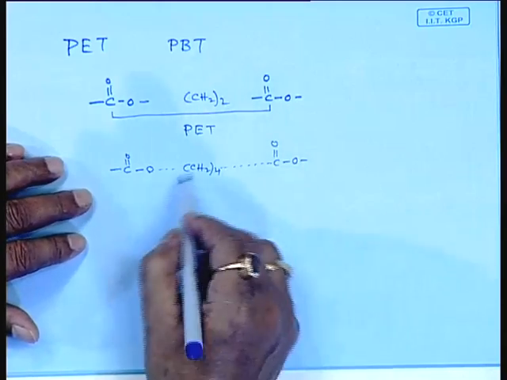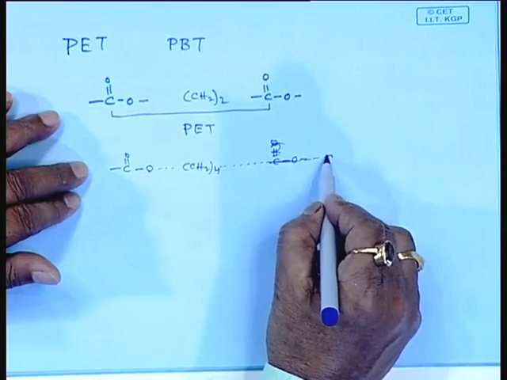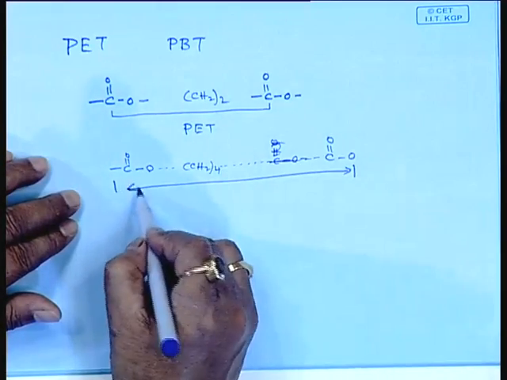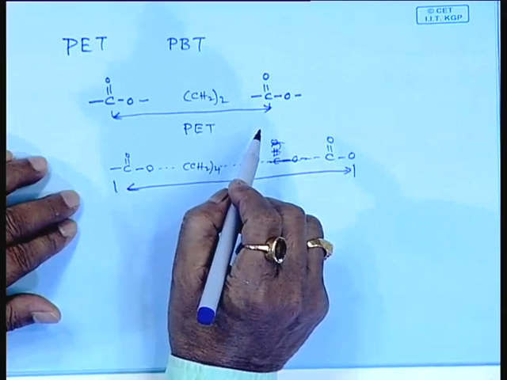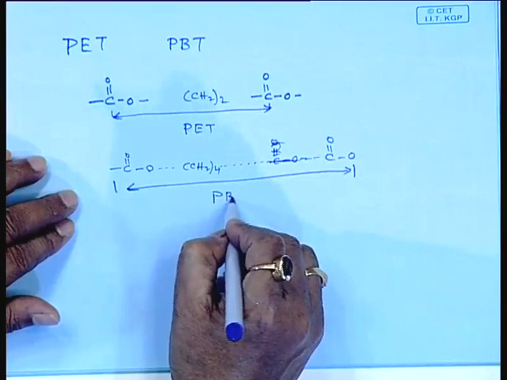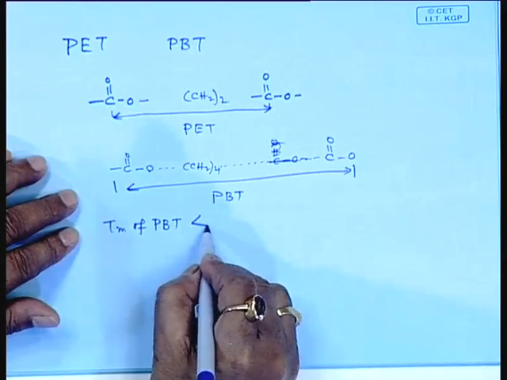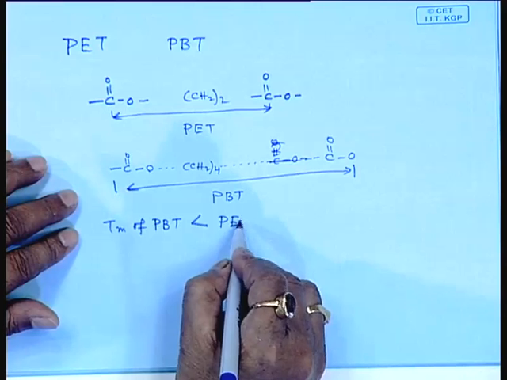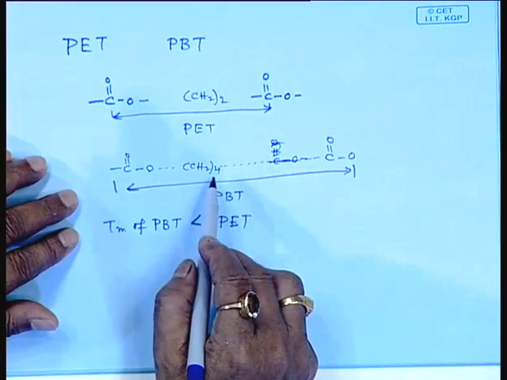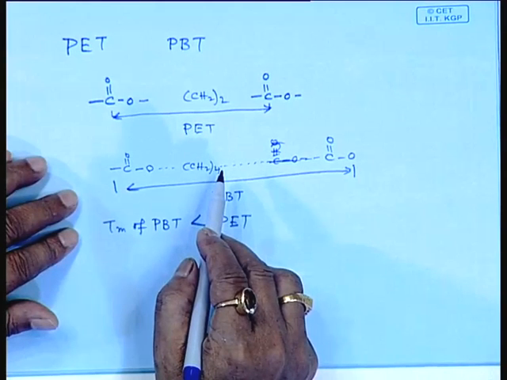So, obviously, the distance between these 2 carboxyl groups, sorry, I should have drawn a little this side, this length is longer than this length. So, obviously, the melting temperature of PBT will be what? Because the methylene group, this carbon chain, the carbon carbon bond, can rotate and it is flexible. It is highly interesting.